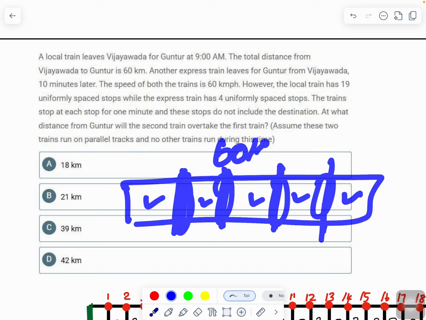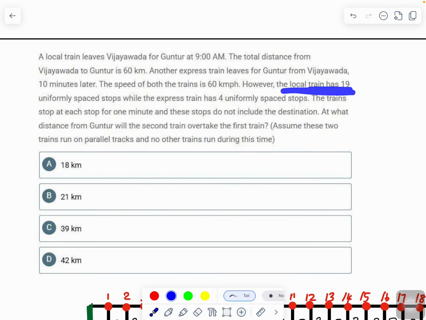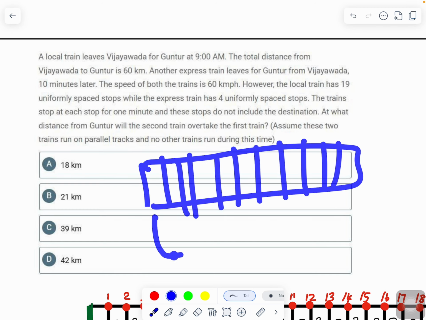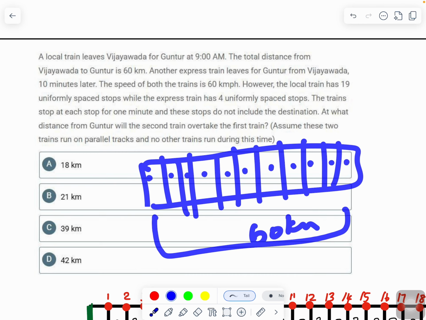So the entire 60 kilometers will be cut into 5 equal parts, each 12 kilometers. Similarly, the local train has 19 equally spaced stops, so these 19 stops will cut the entire 60 kilometer journey into 20 equal subparts of 3 kilometers each.